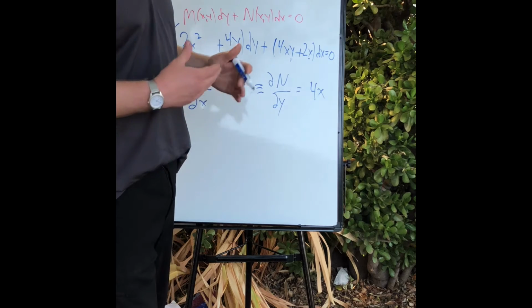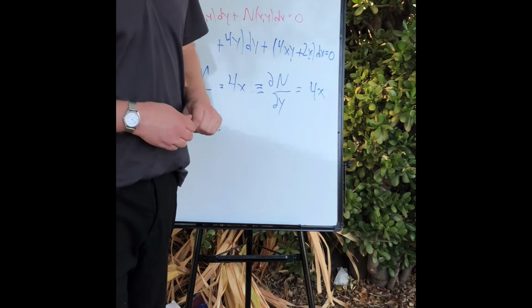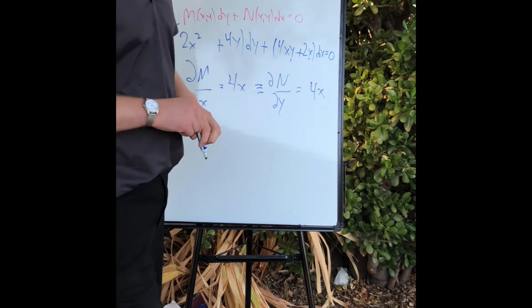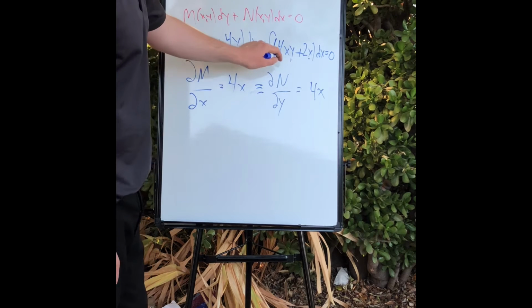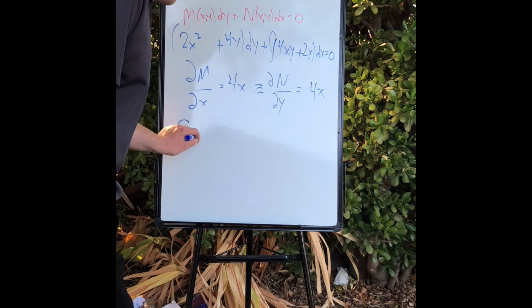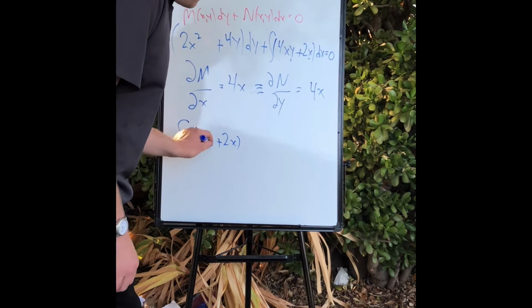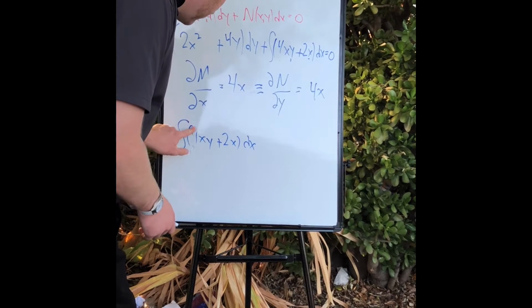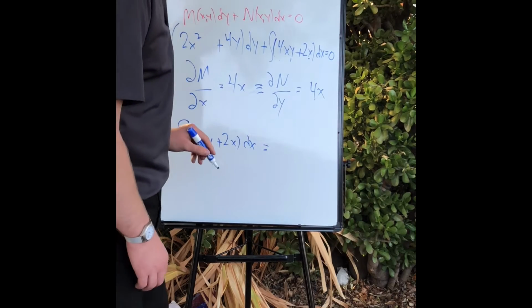So now we want to find a function f of x, y, because these are the same. And what we're going to do is integrate one of these functions. So in this example, I'm going to integrate this one. So integrate 4xy plus 2x dx. And that's very simple.